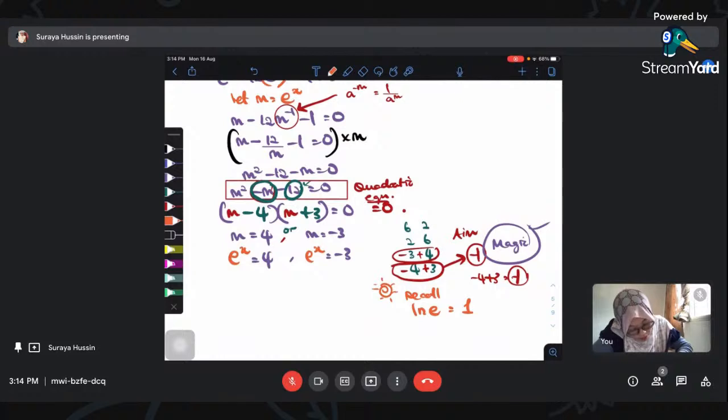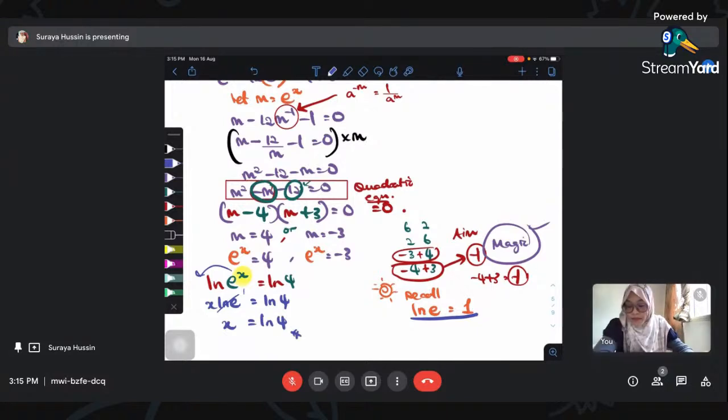So if you ln both sides, and then you bring the power here, you bring the power go down, you akan dapat x ln E equals ln 4, right? And then you know that ln E is equals to 1. So x is equals to ln 4 semata-mata. Let's go, that's your answer.